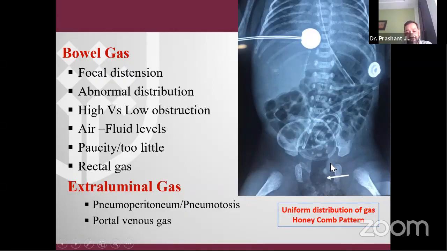And also you can see the gas in the pelvis. So as you can see, there's gas in the rectum, and this is how a normal abdominal X-ray will look like. You can have the various catheters and tubes placed inside, and any deviation from this normal should be considered pathological and should be carefully seen and interpreted.